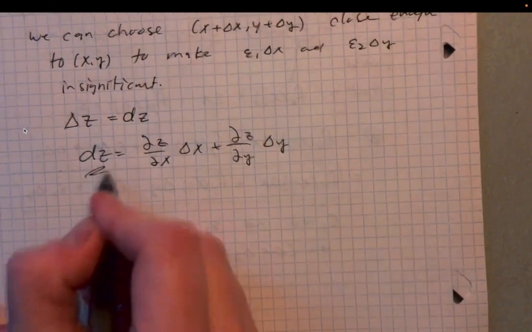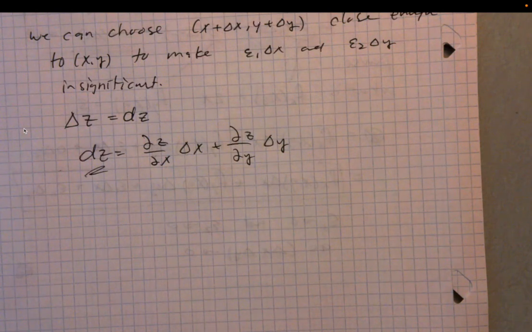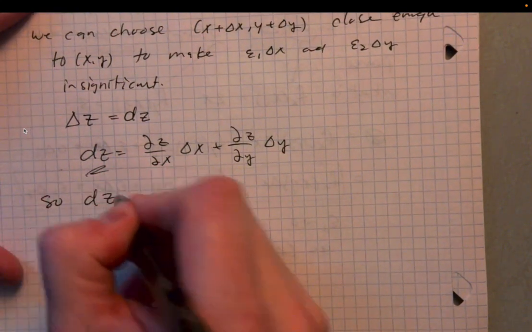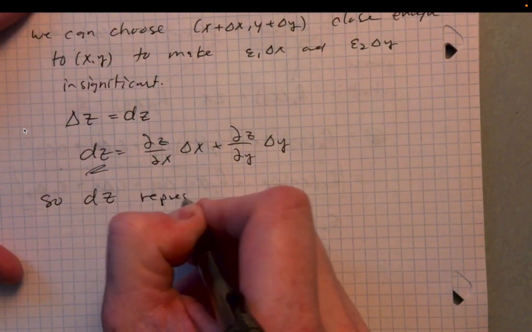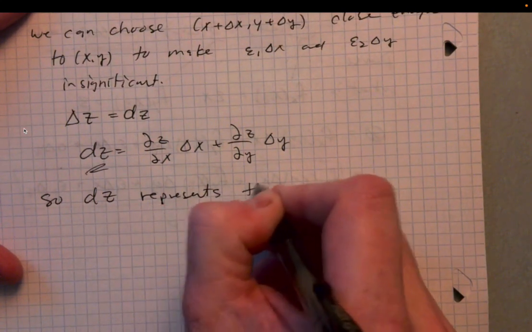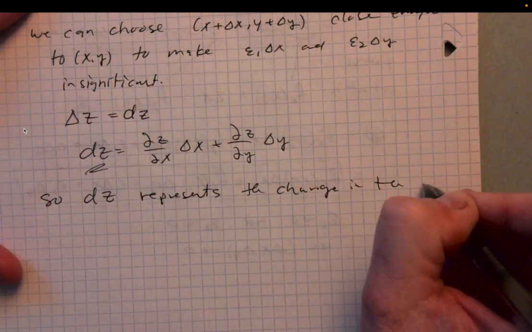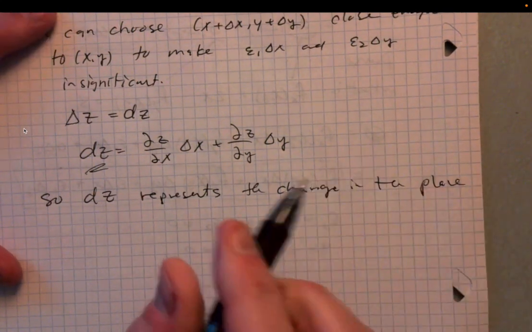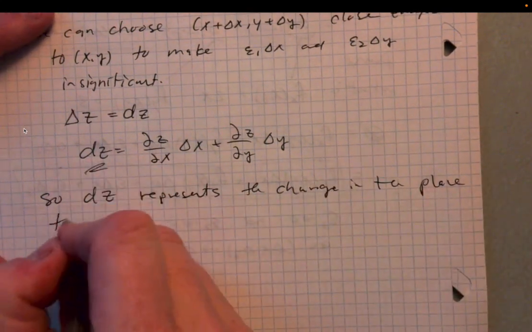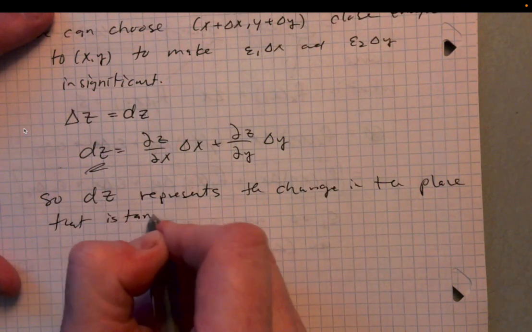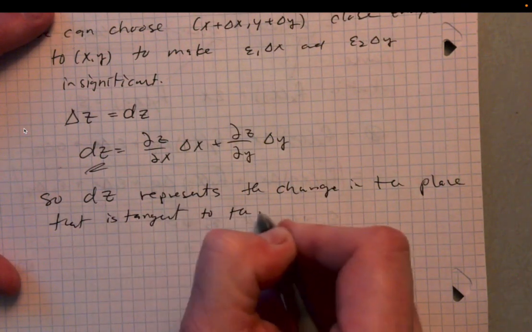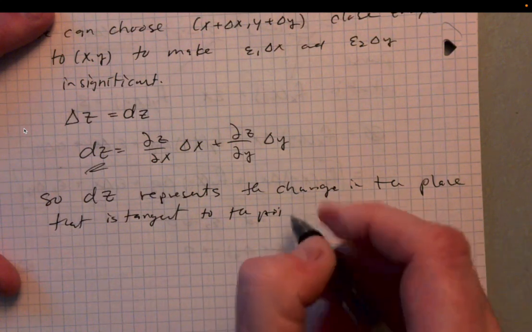And so dz here is going to represent the change in the height of the plane that is basically tangent to the surface at the point. Okay, so dz represents the change in the plane that is tangent to the point of interest.